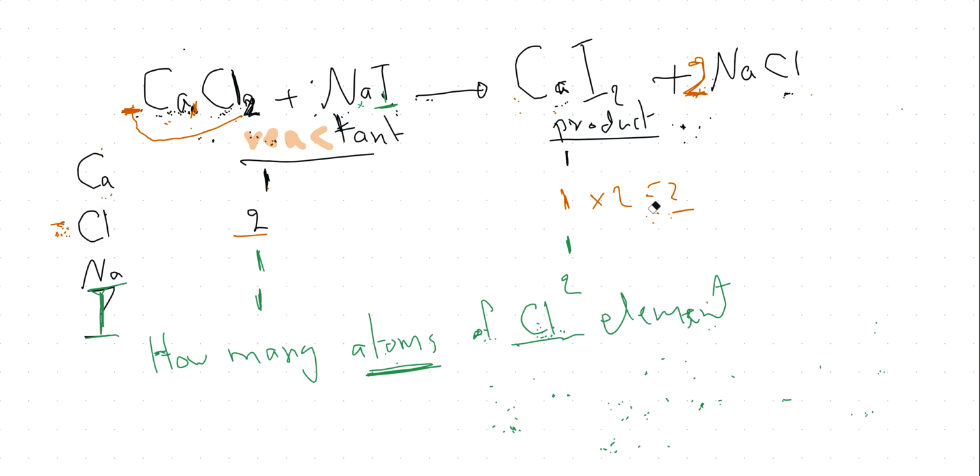Let's see with Ali. Ali, how many calcium do I have? One. In the product side? You have one. Okay. Look at the chlorine. Is it balanced? How many do I have? You have two chlorine. Okay, and here?